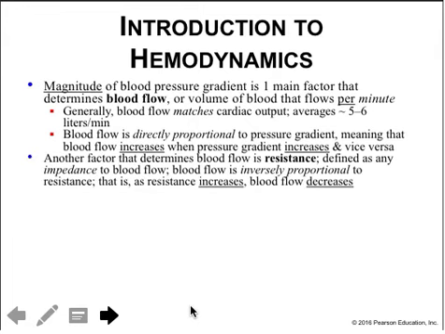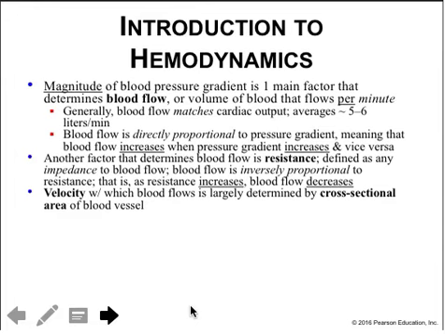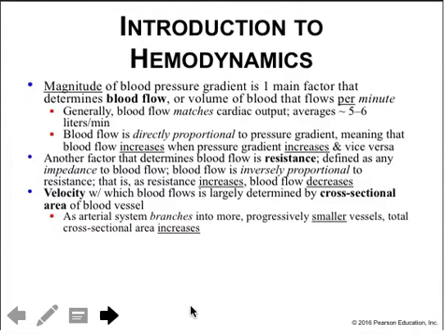Another factor that determines blood flow is resistance, which is defined as any impedance to blood flow. Blood flow is inversely proportional to resistance, that is, as resistance increases, flow will drop. The velocity with which the blood flows is determined by the cross-sectional area of the vessel.